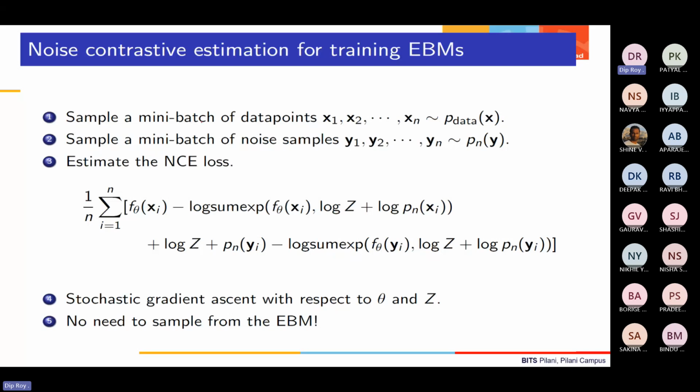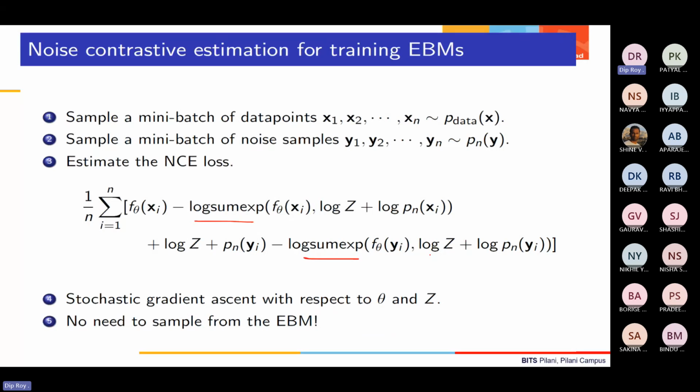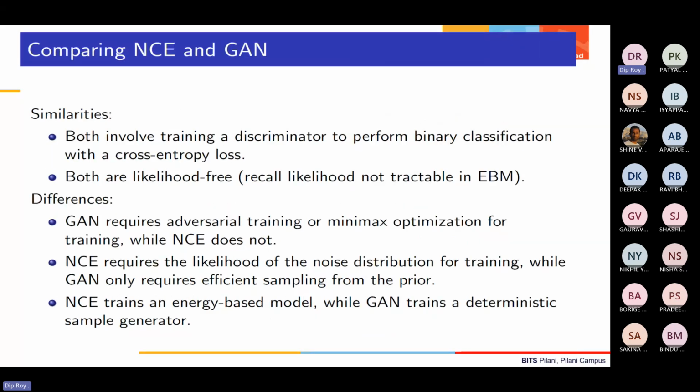You take a mini batch from data points, a mini batch from samples, and then you use this particular functional form. Note that this functional form has a log sum, because they have converted this particular thing into a log sum for numerical stability. You don't need to know this, but if you are interested, you can go through this.